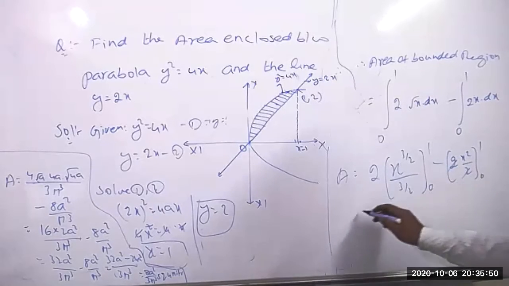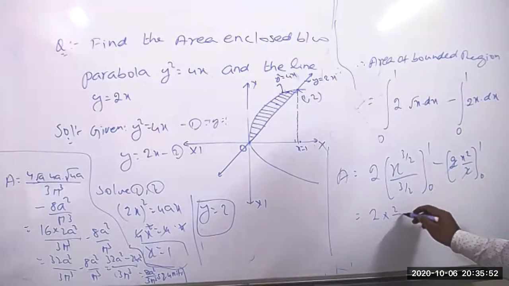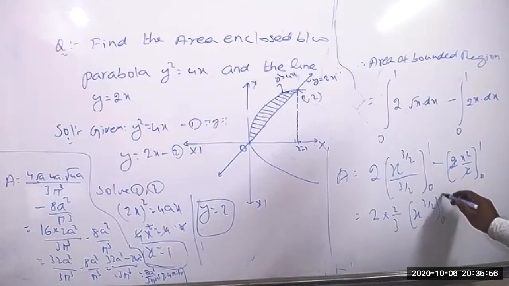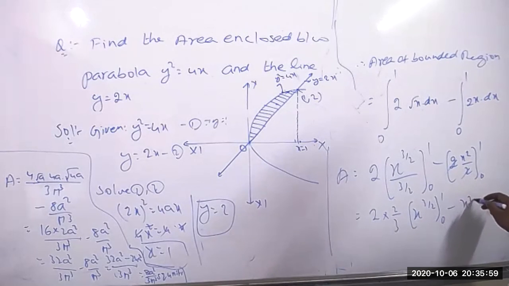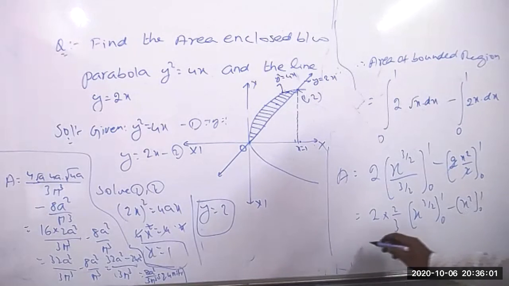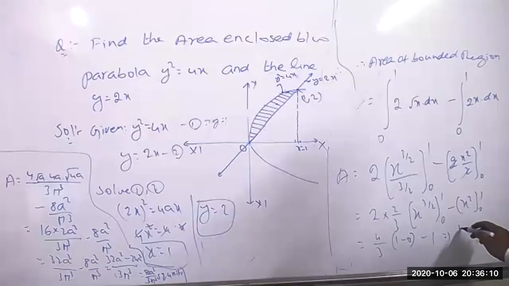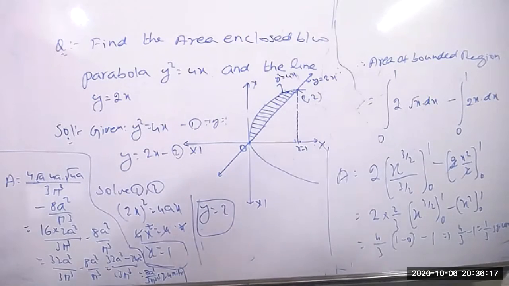Now 2 will be cancelled. So 2 into 2 by 3, x power 3 by 2 from 0 to 1 minus x square from 0 to 1. So upper limit minus lower limit. 4 by 3 into 1 minus 0, minus 1 only. So 4 by 3 minus 1 equal to 1 by 3 square units. So we got the same answer.